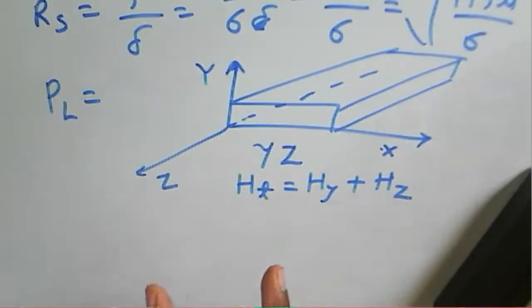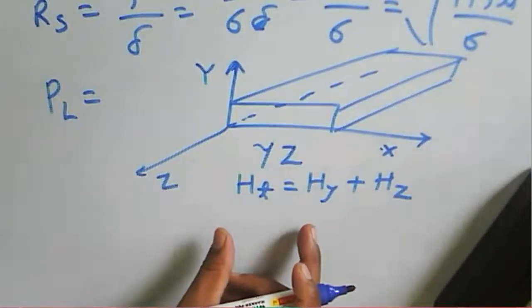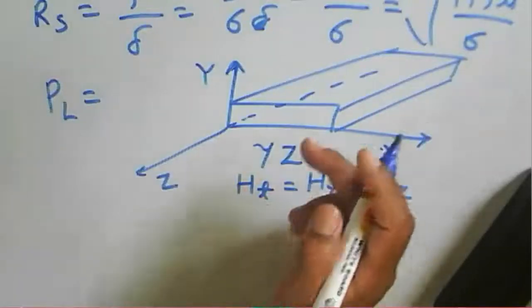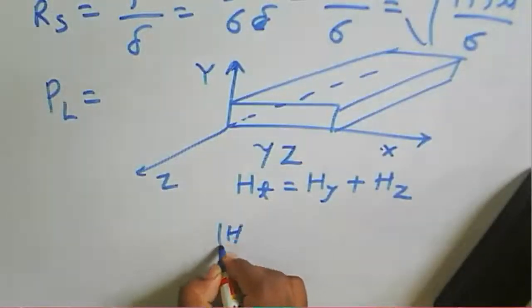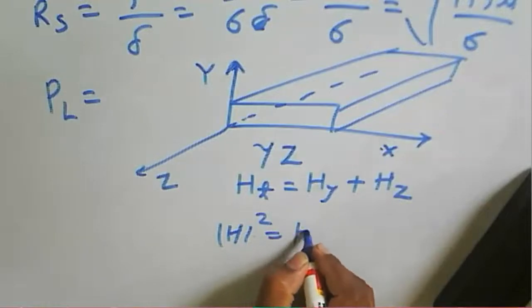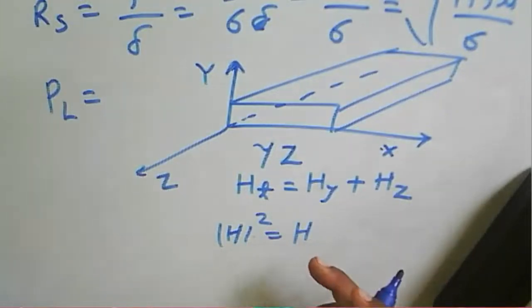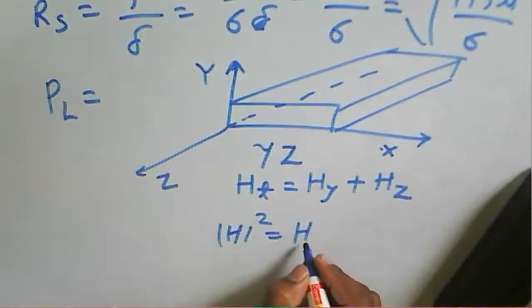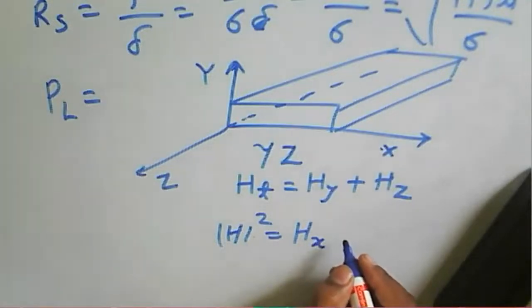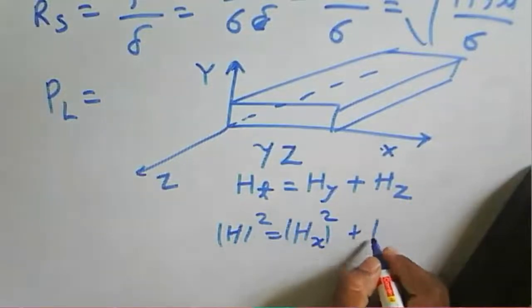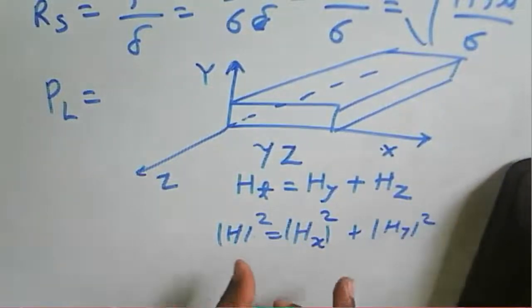So we have to find out the tangential component of the guide. We say that H square is equal to, whatever the field components, Hx square plus Hy square, taking the modulus.